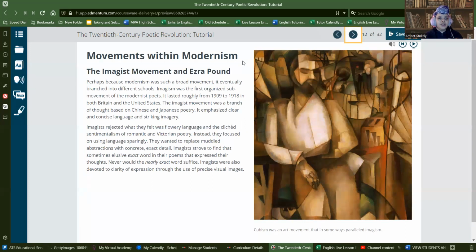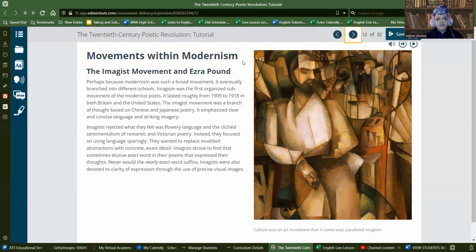So the first one is the Imagist movement, and they talk about Ezra Pound because Ezra Pound is known as the person who basically founded the Imagist movement. The first school, the first sub-movement within modernism, is the Imagist movement.